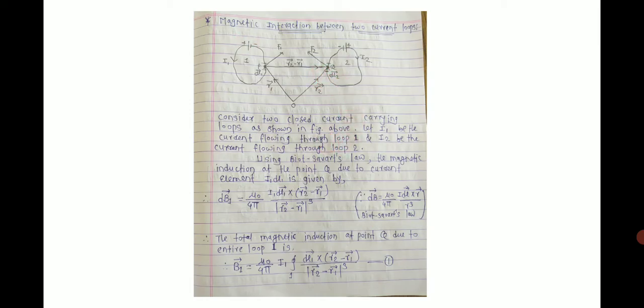We calculate the force by using Ampere's force law. Consider two closed current-carrying loops as shown in the figure above. Let I1 be the current flowing through loop 1 and I2 be the current flowing through loop 2. In the surrounding space of current loop 1, we calculate the magnetic induction by using Biot-Savart's law.